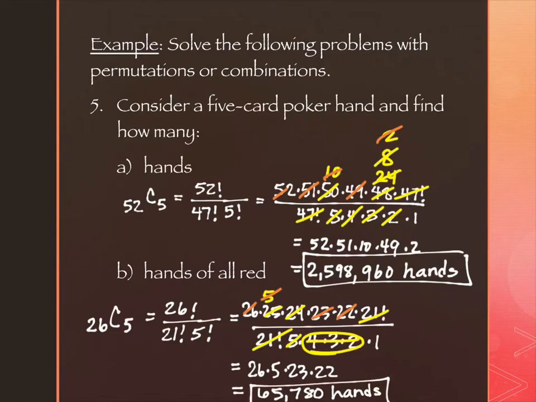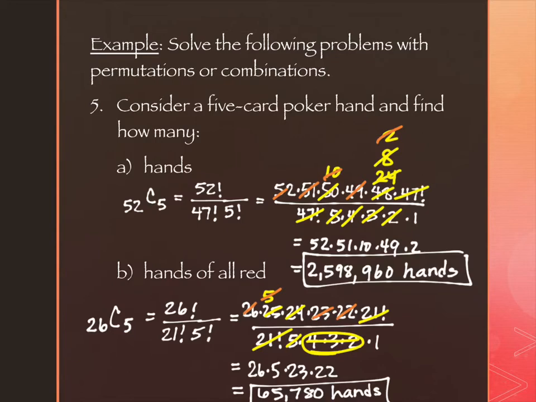It's still a lot. 65,000 is a big number. But it's nowhere near 2.5 million, right? It isn't. So your number of hands decreased substantially when we decreased by half the deck. Okay, are we good so far?